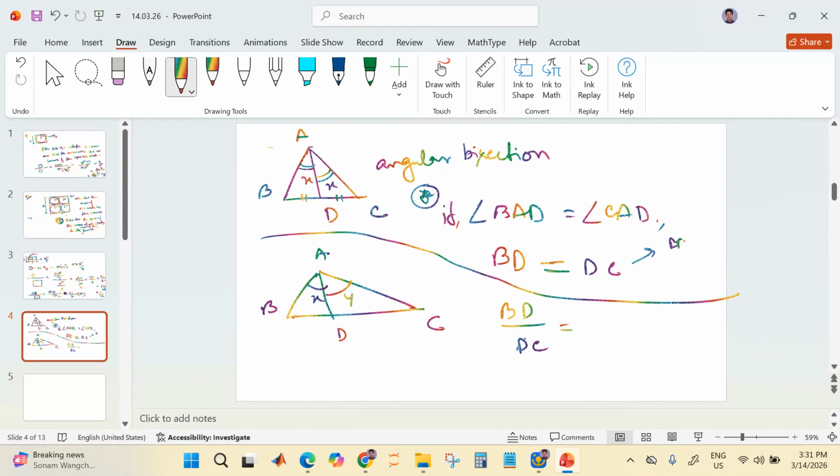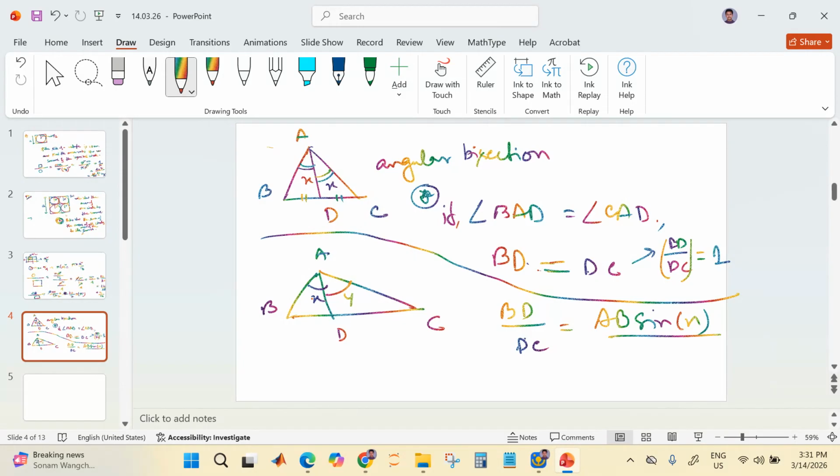For the previous case it is BD by DC equals 1. Why? Because they are equal, so the ratio of them will be equal to 1. And for this case, suppose you have to find BD by DC and the angles are not equal, then you can find directly that this BD will be equal to AB sin X.